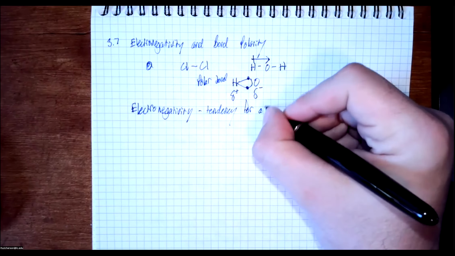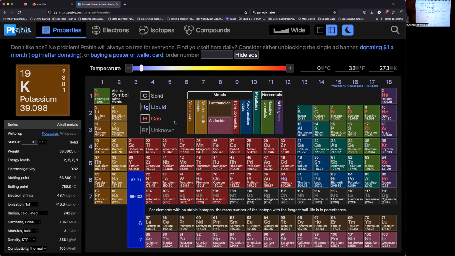Now, when we look at the periodic table, electronegativity is typically measured using something called the Pauling scale, developed by Linus Pauling.